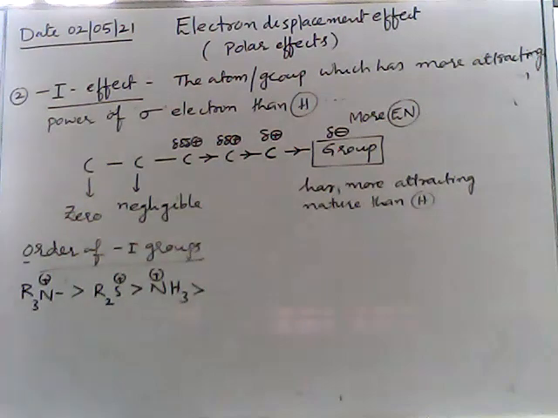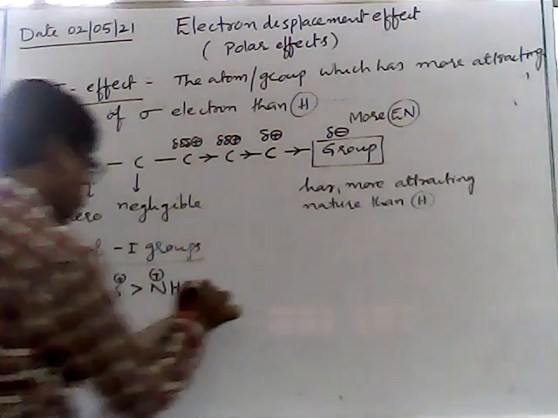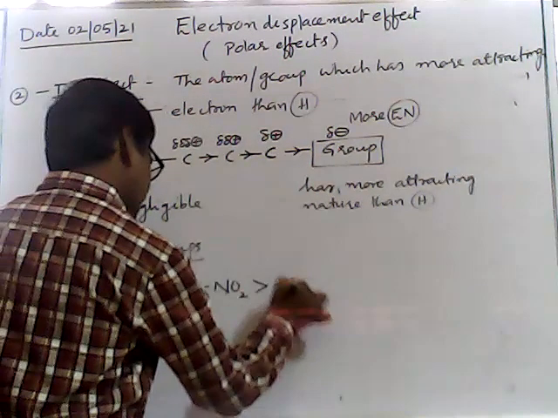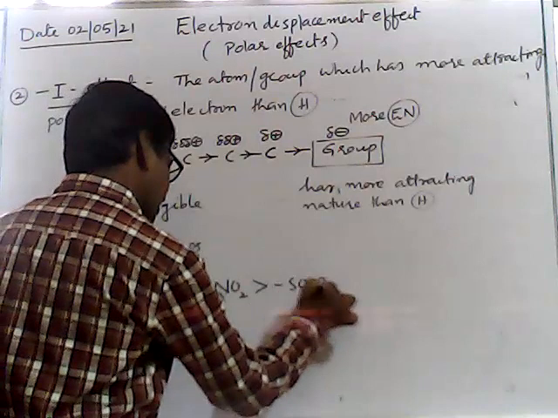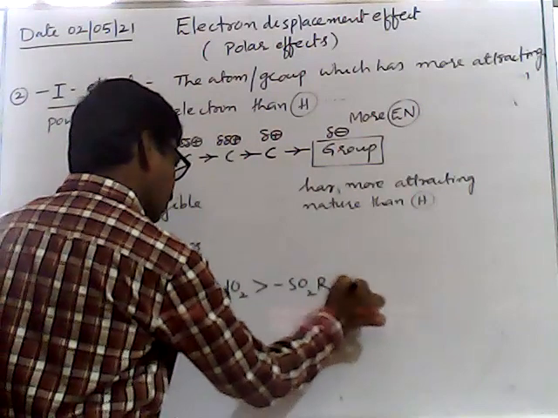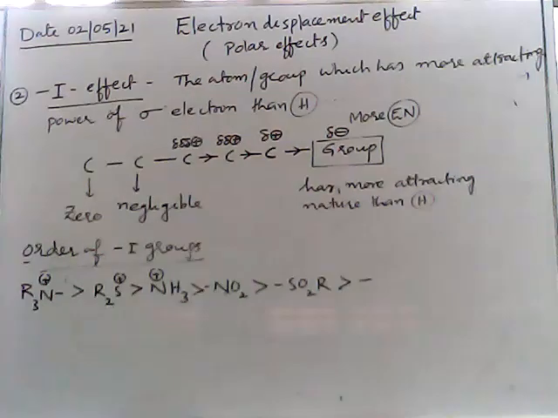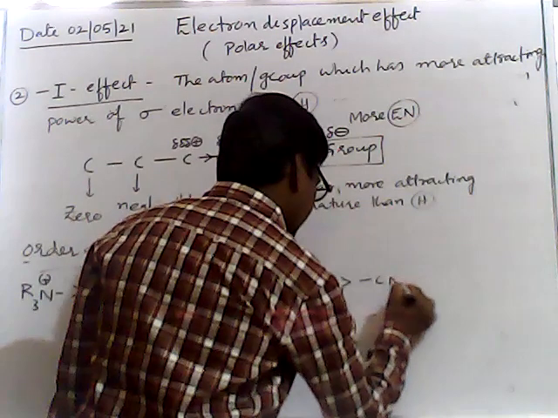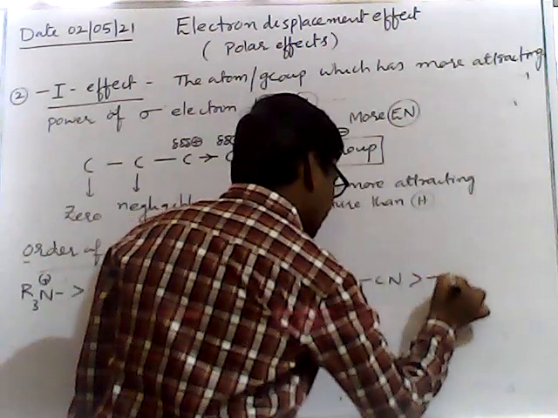Then after that we can write NO2, the nitro group. Then SO2R, the alkyl sulfonyl group. Then cyanide. Then carboxylic acid.